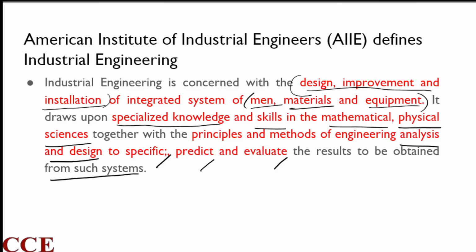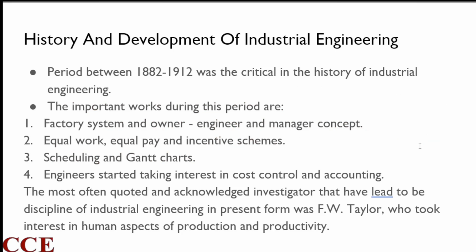Now, if we talk about the history and development of industrial engineering, the period of 1882 to 1912 was critical in the history of industrial engineering. During this period, the important work was related to the factory system and owner, engineer, and manager concept.